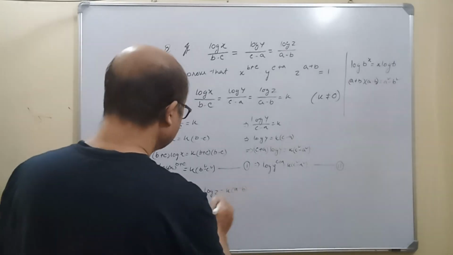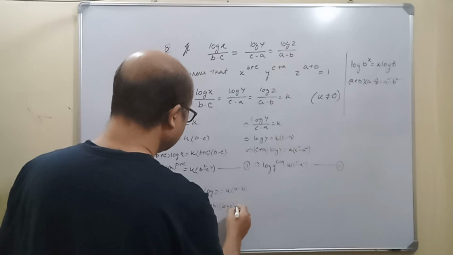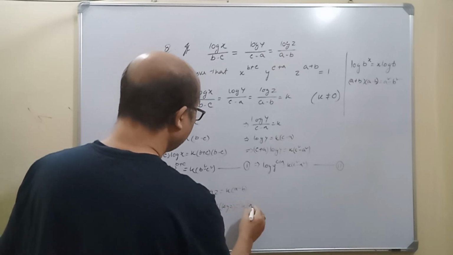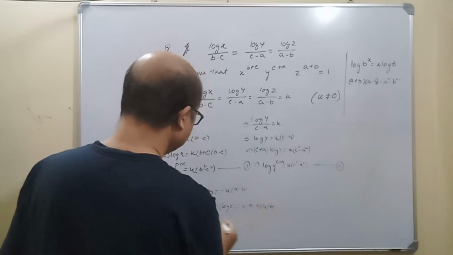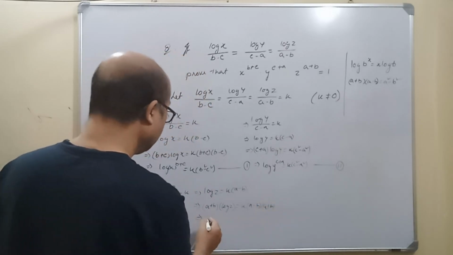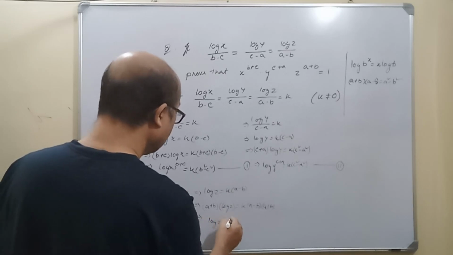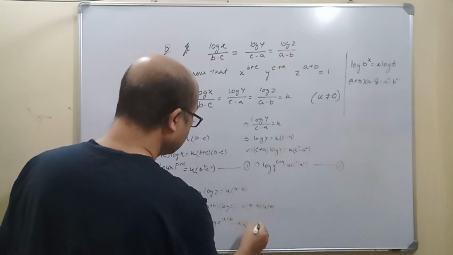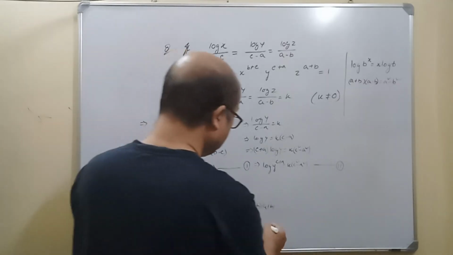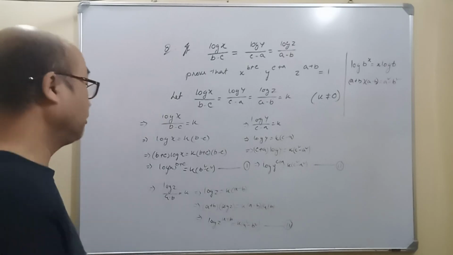So multiplying both sides by a plus b, log of z into a plus b is equal to k into a minus b into a plus b, which is log of z to the power a plus b is k into a square minus b square. Let us say this is equation number 3.